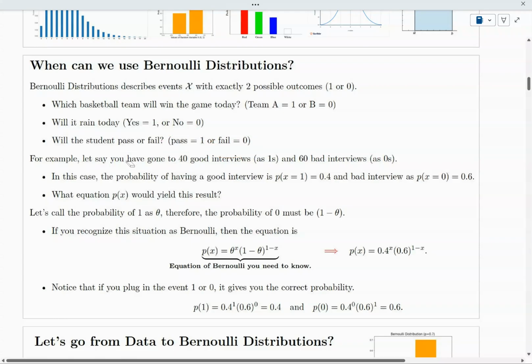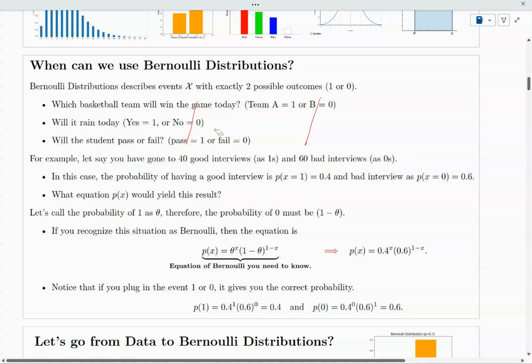For example, let's say you have gone to 40 good interviews and 60 bad interviews. In this case, the probability of having a good interview is 40 out of 100, so it's 40%, 0.4, and the probability of a bad interview is 0.6. So given this data, 100 interviews, 40 good and 60 bad, what is the P of X then?